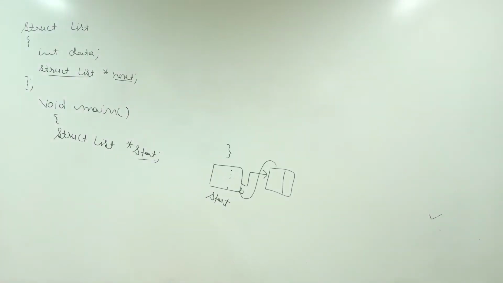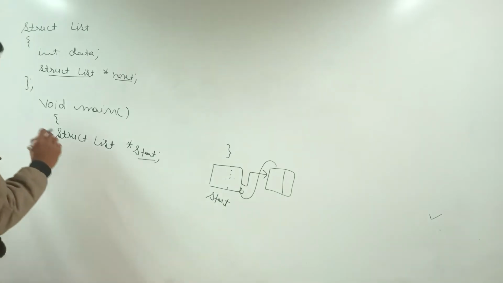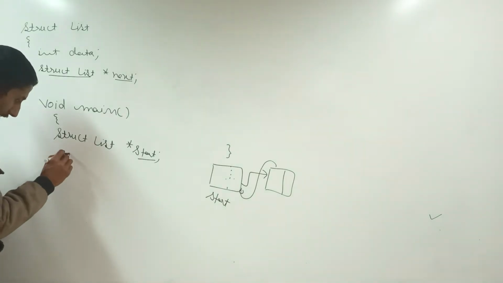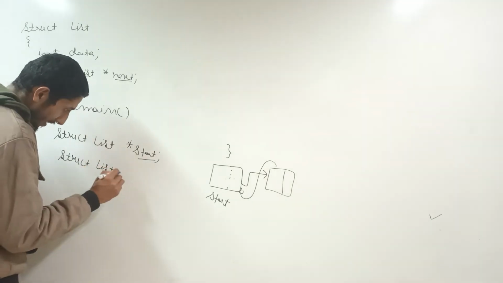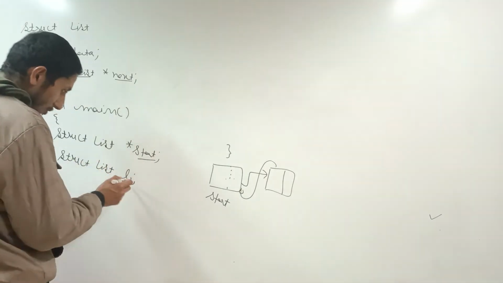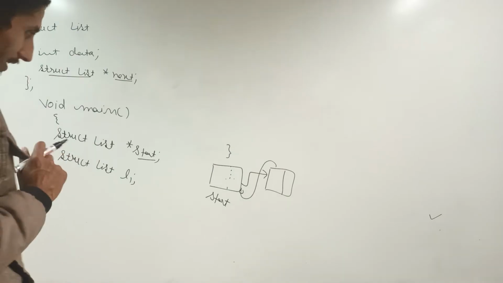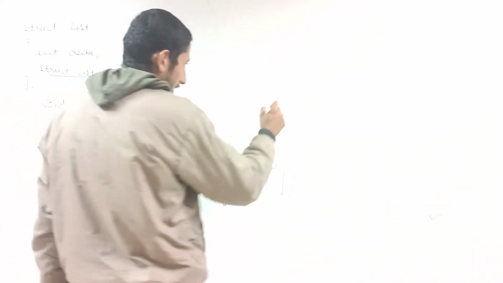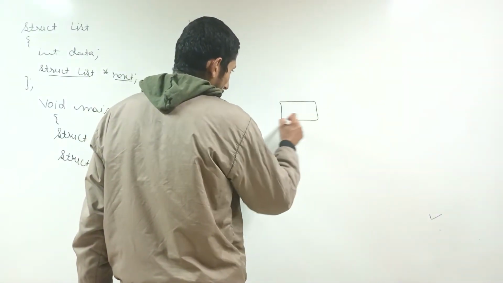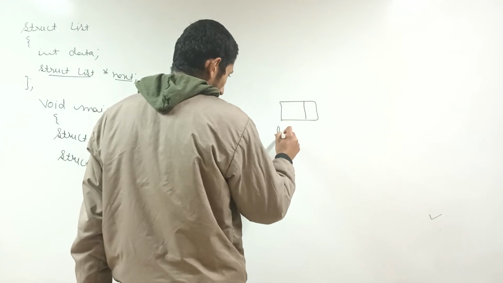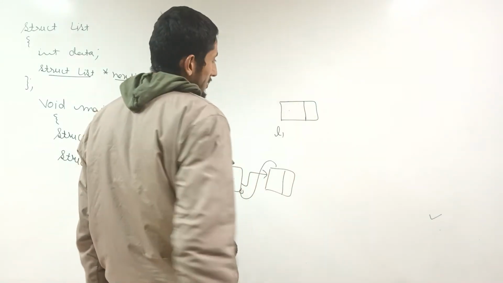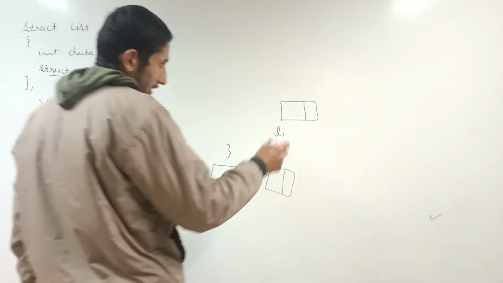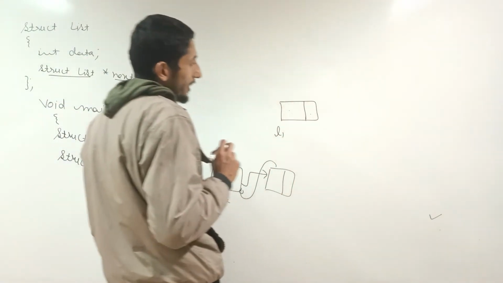So let me take a first node, struct list L1. The moment you write L1, what is happening inside the memory? Inside the memory, there will be a block named L1. It contains two parts. In the first block you can store the data. In the second one you can store the address.